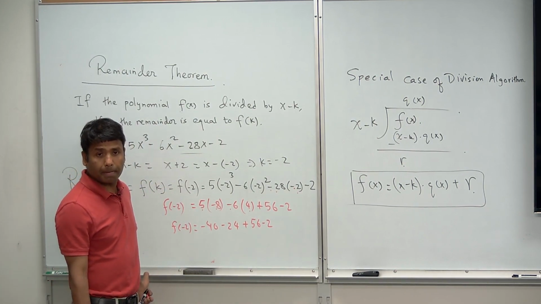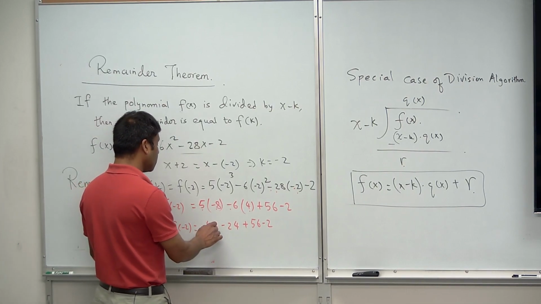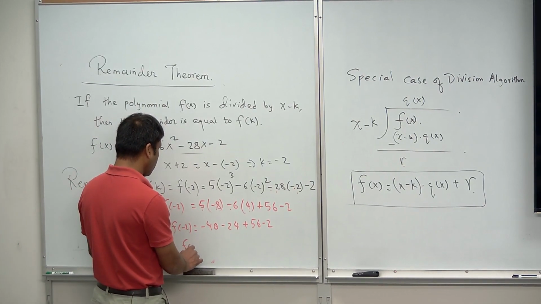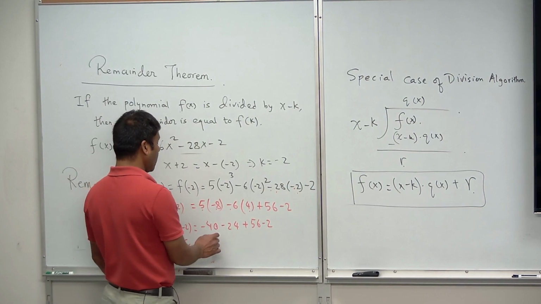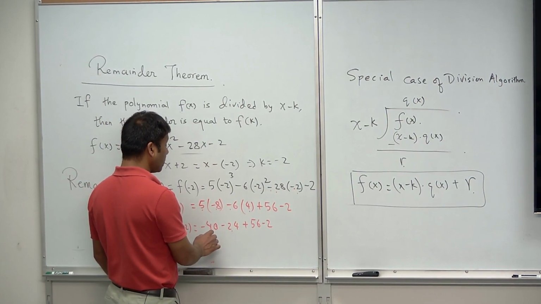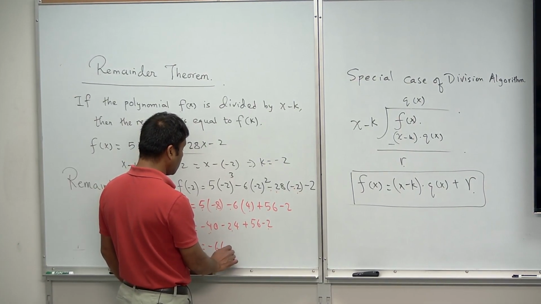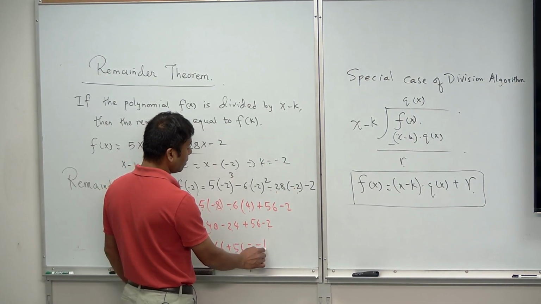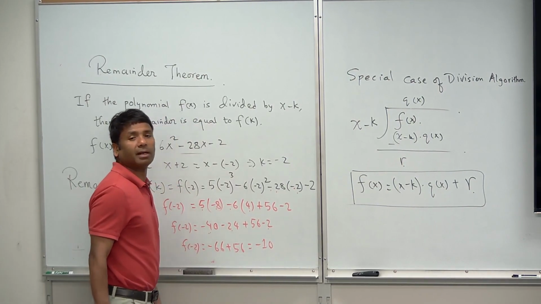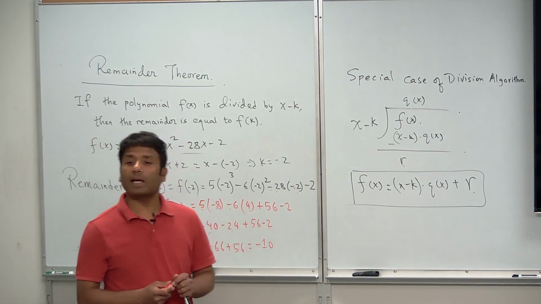You got it? And now, this is f of negative 2 equal to negative 40 minus 24 is negative 64, negative 64 minus 2 is negative 66, plus 56, this is equal to what? Negative 10. See that?